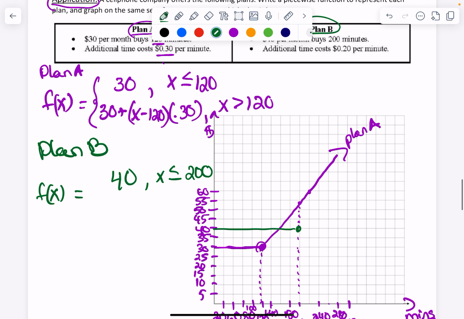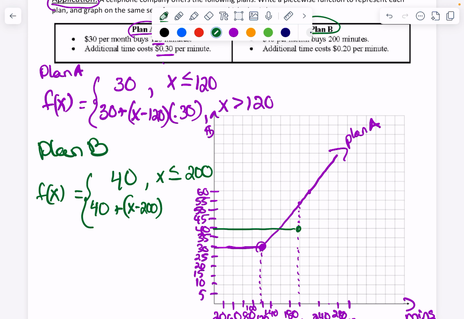Now, additional time costs 0.2 per minute. So it's going to look the same as we did on plan A. So we're going to pay $40 anyways. Then we need to subtract 200 from the minutes altogether to find out how much time is exceeded.